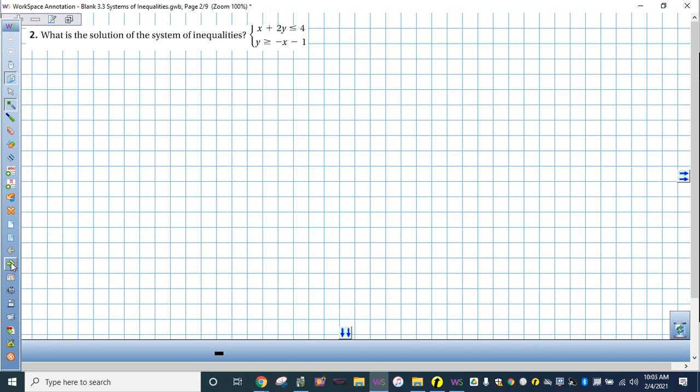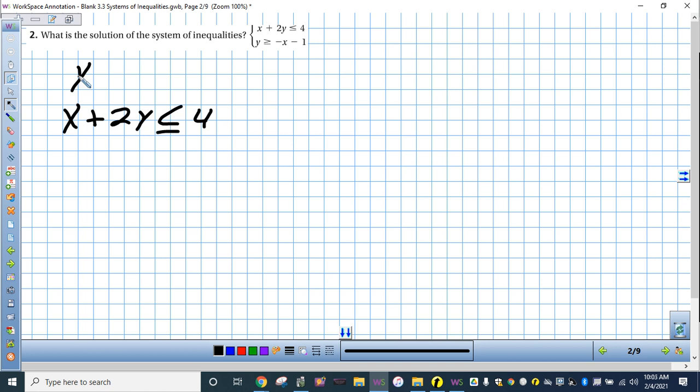Should be good. Okay, so got this one, x + 2y less than or equal to 4. The other one I'll just write on top, greater than or equal to -x - 1. So on that bottom equation, I'm going to subtract x and divide by 2.